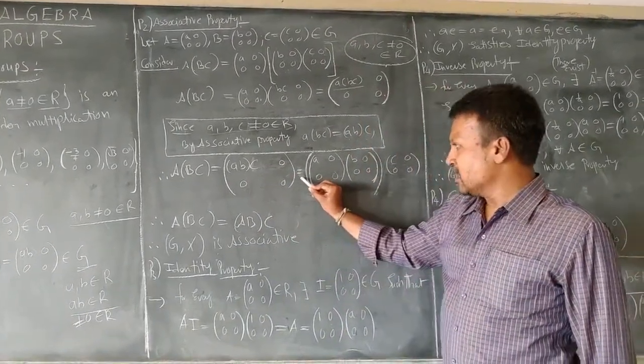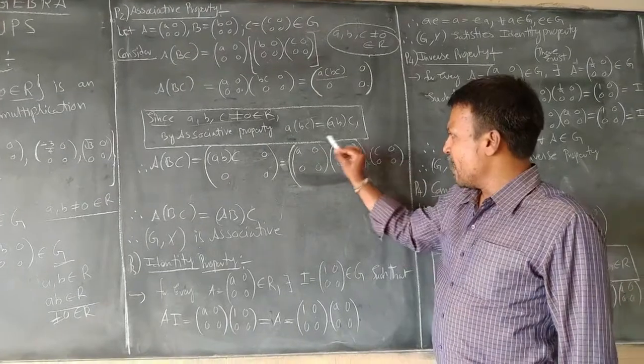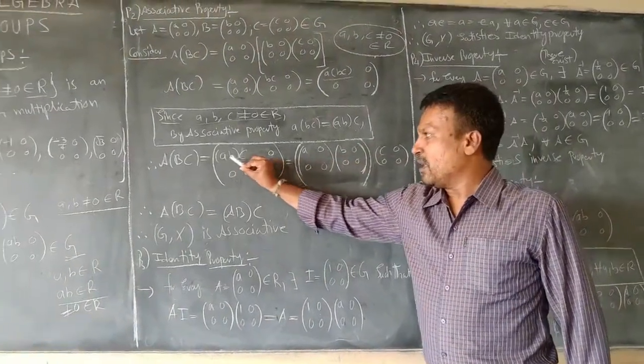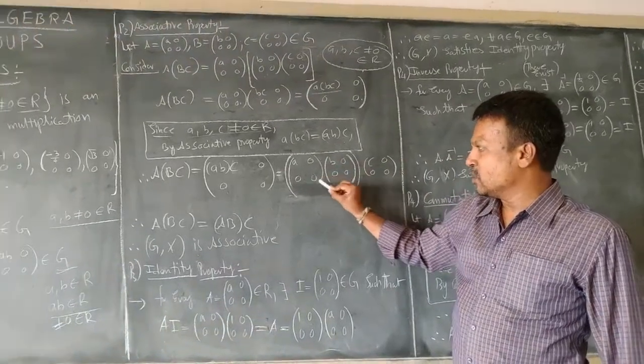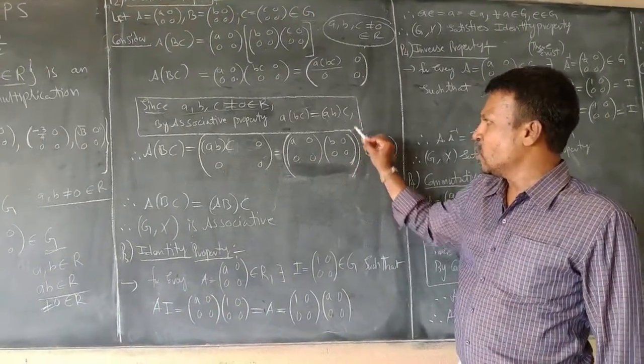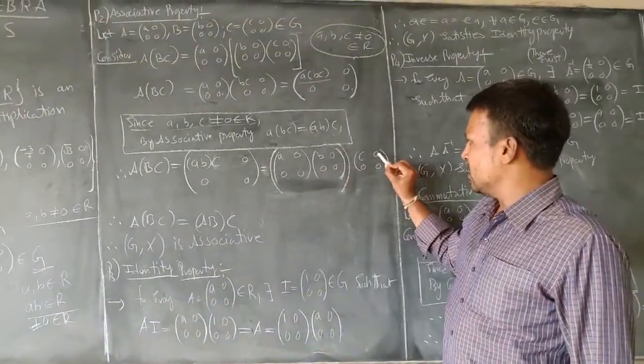Here, in this main bracket, [(ab)c 0; 0 0] can be written as [a 0; 0 0][b 0; 0 0] into [c 0; 0 0].